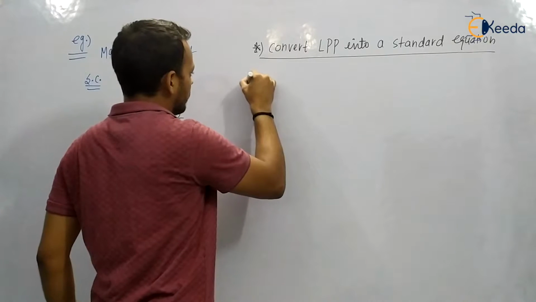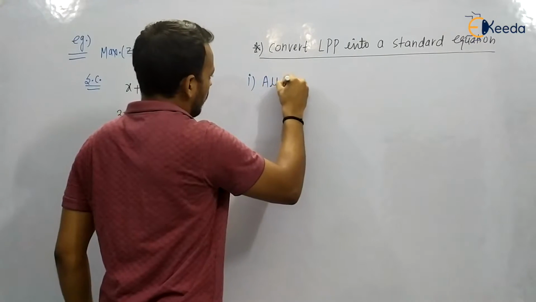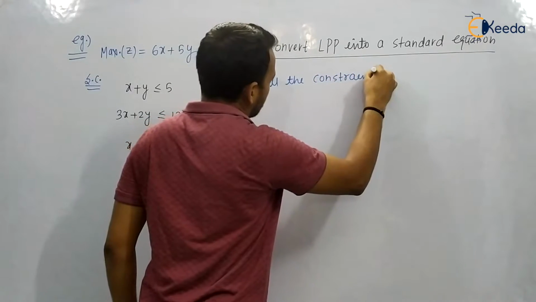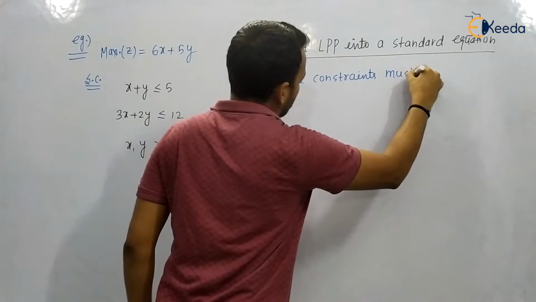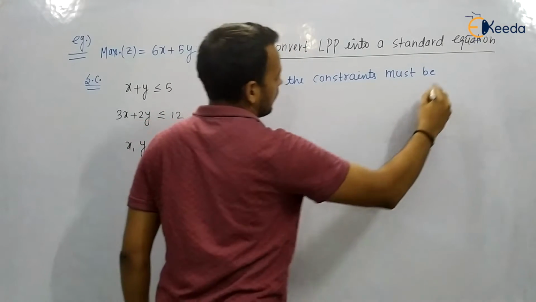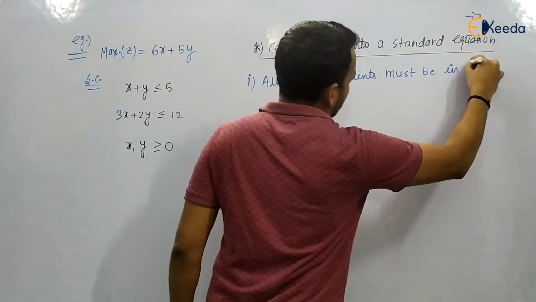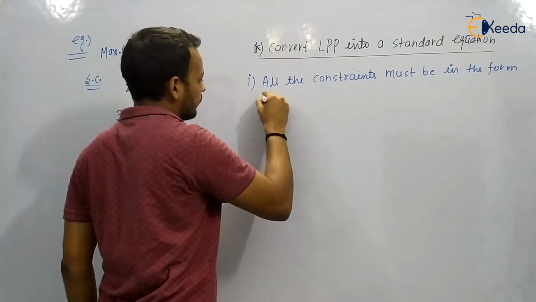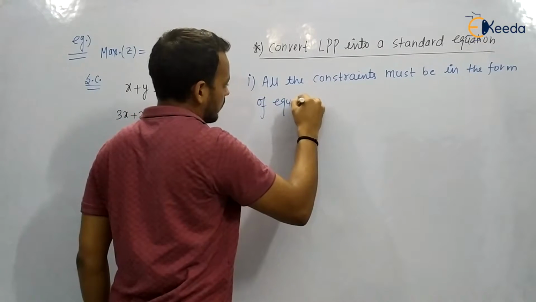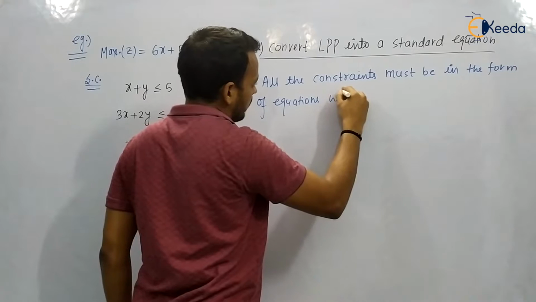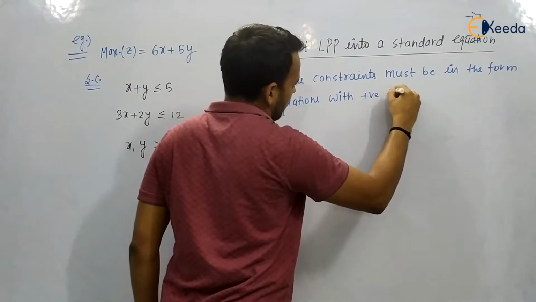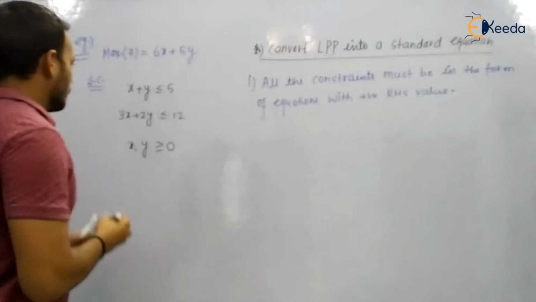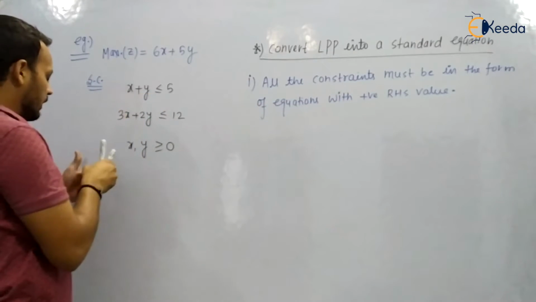The first one is that all the constraints must be in the form of equations with positive RHS value.